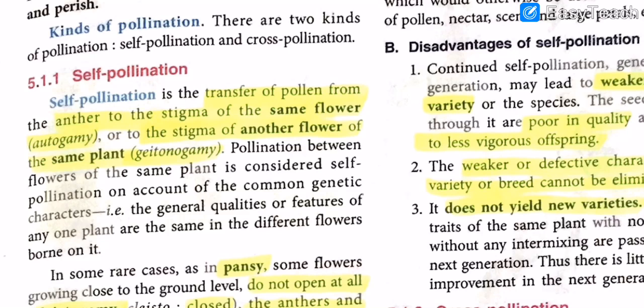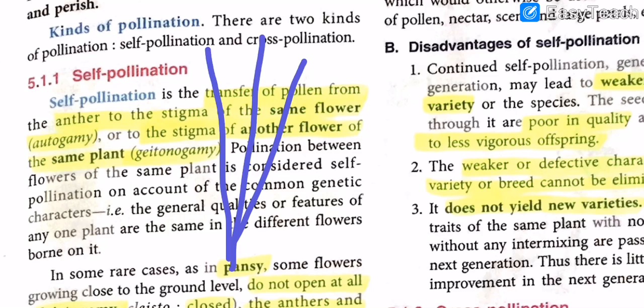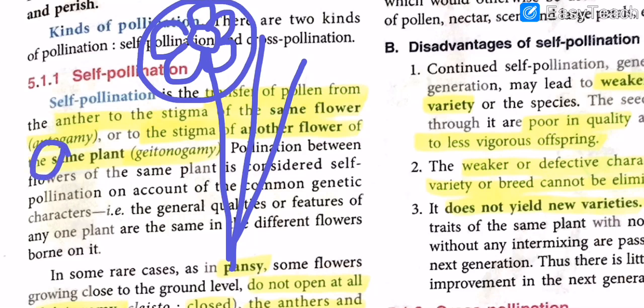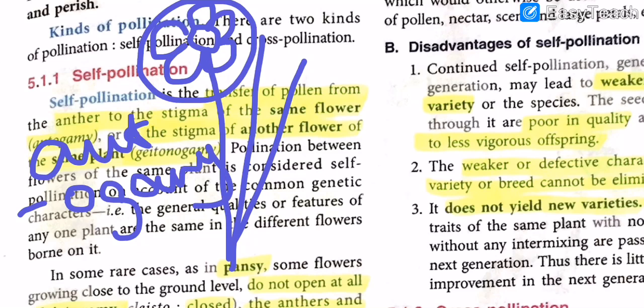It can be like you have a plant and you have many flowers growing on it, right? If the process of pollination happens within the same flower, you will call it autogamy. But if it's in the same plant but a different flower, it would be called geitonogamy, right?